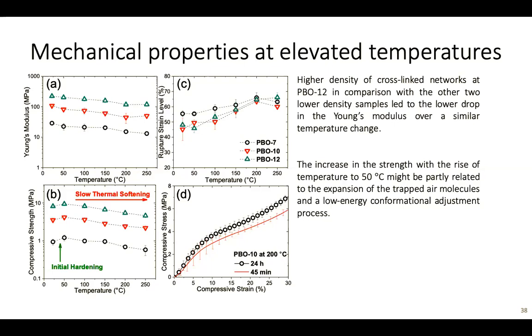But after that, we have a softening in a relatively slower fashion. For example, you can see that the material at 250 has, more or less at the lowest density, about a 30% drop in compressive strength, which shows that this material can be used for high temperature applications.